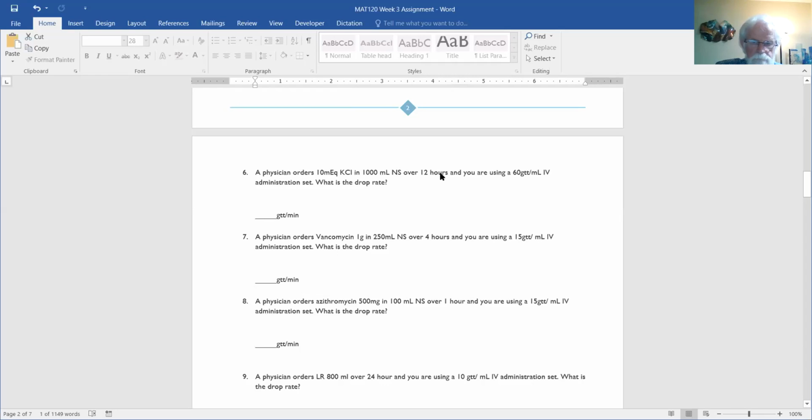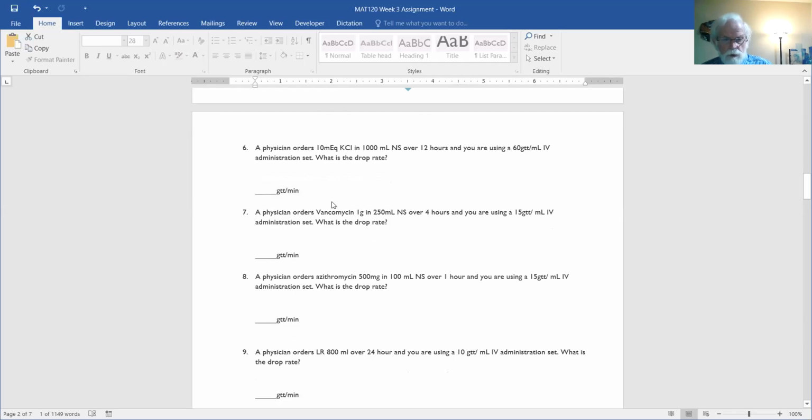And the time is 12 hours, so you need to multiply that by 60 and divide that into your 1,000 milliliters. So this is an example of information that, while it's critical for patient care, is irrelevant for calculations, because it's volume over time, with the only wrinkle being whether we're doing this manually or using a pump.